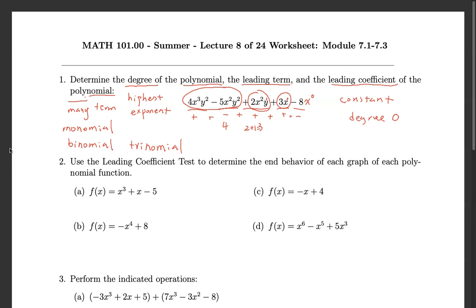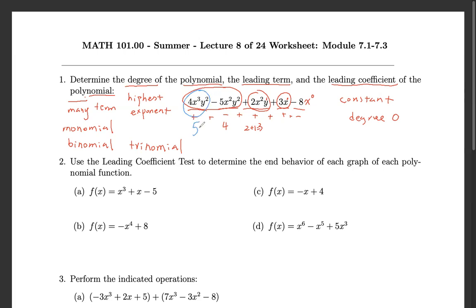So let me change my color. The degree of this polynomial is the highest one. It's 5. So the degree of this polynomial is 5. We take the highest exponent. When we have 2 variables, we add the exponents, and that becomes the degree.